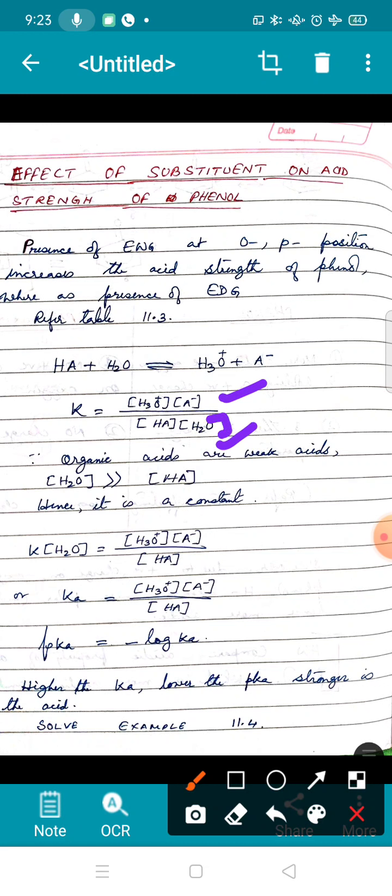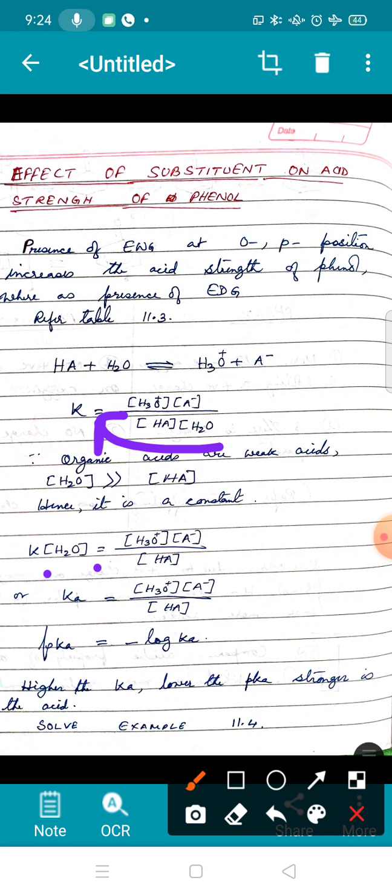Now organic acids being very weak acids, the concentration of water is much higher than the concentration of acid. So water concentration is taken to be a constant. So we take this water together with the constant and we get K into H2O equal to the concentration of H3O+ into A minus divided by the concentration of HA.